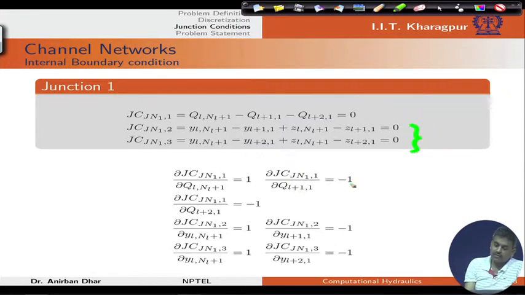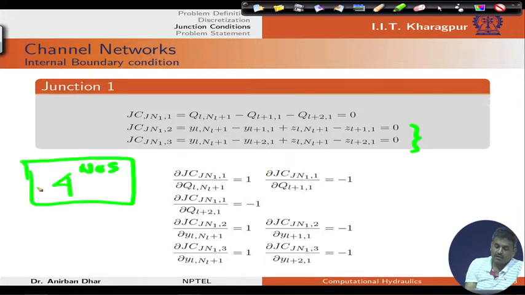Because in every case, for any segment, we need to find out the variables, or derivatives, or Jacobian matrix terms for 4 variables.